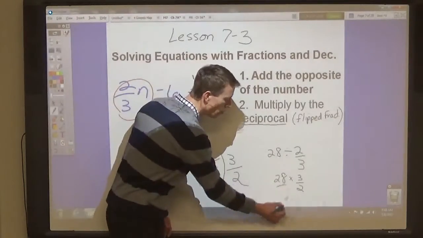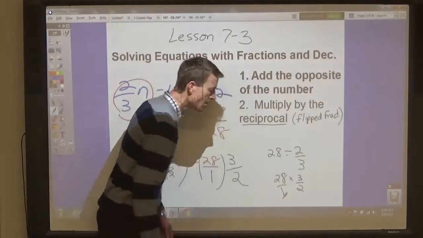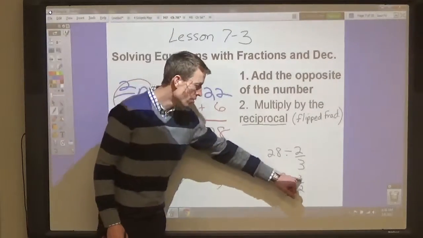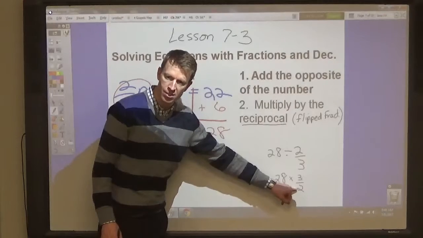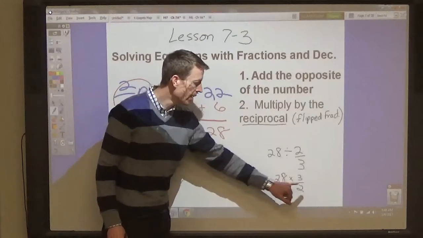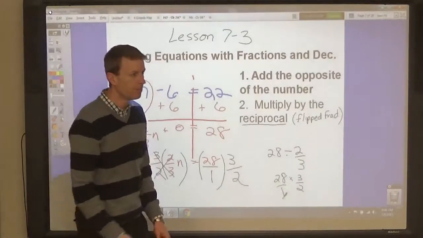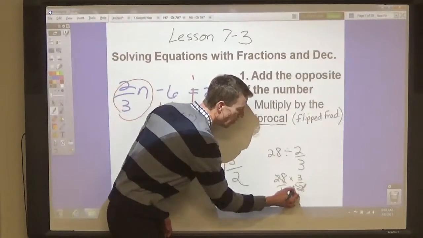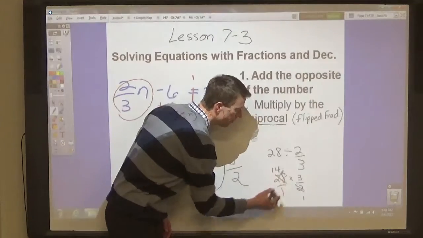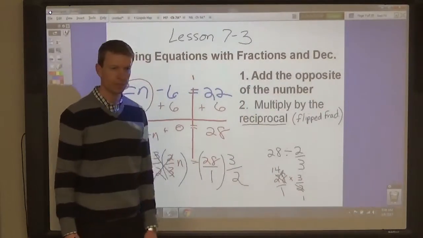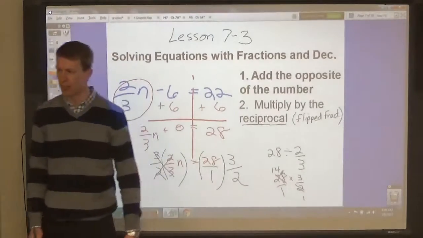Make 28 over 1 times 3 over 2, and then reduce it. Well, how can you reduce 28 over 2? Abby? 14. Good. 14 over 1. And then multiply 14 times 3. And that's how you get the answer.